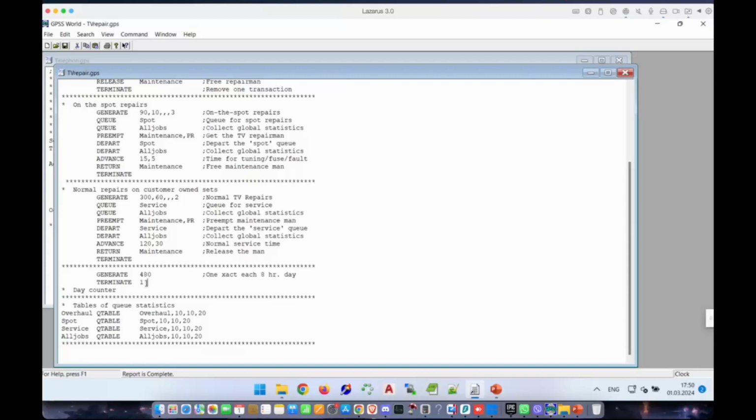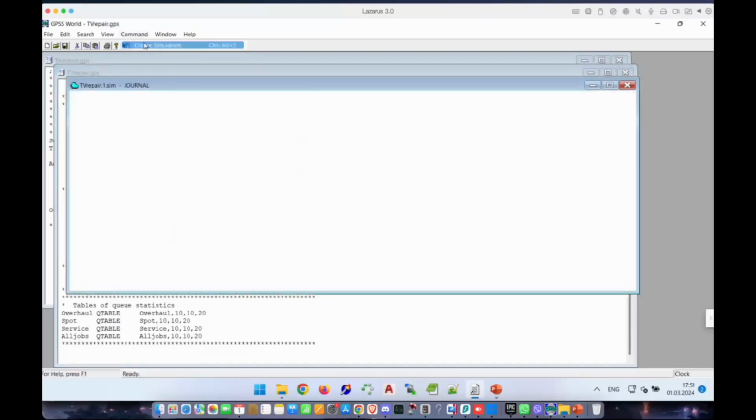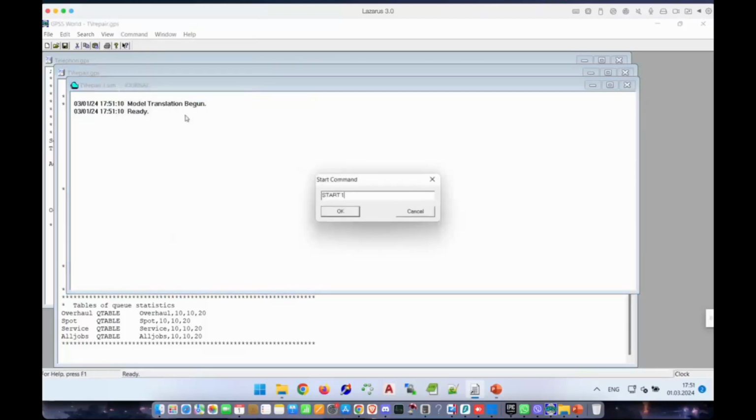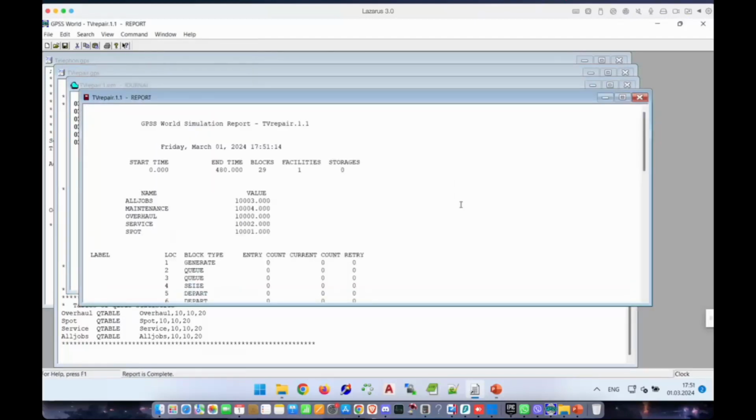So is this example clear for you guys? Okay, great. So that's another example of GPSS code. And for sure, guys, we can run all of these models, and we can get all of their reports.